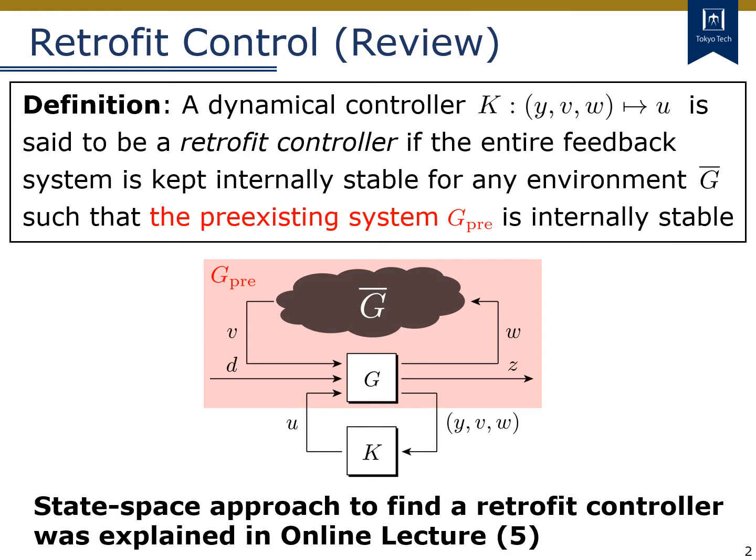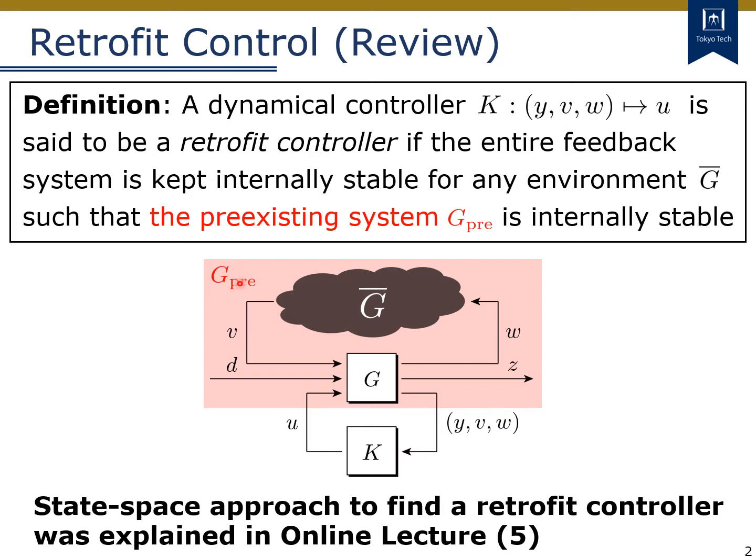Let's first review the definition of retrofit control introduced in the previous online lecture. A dynamical controller K, which is a map from the local output signals Y, V, and W to the input U, is said to be a retrofit controller if the entire feedback system here is kept internally stable for any environment G bar such that the pre-existing system, denoted by G pre here, is internally stable.